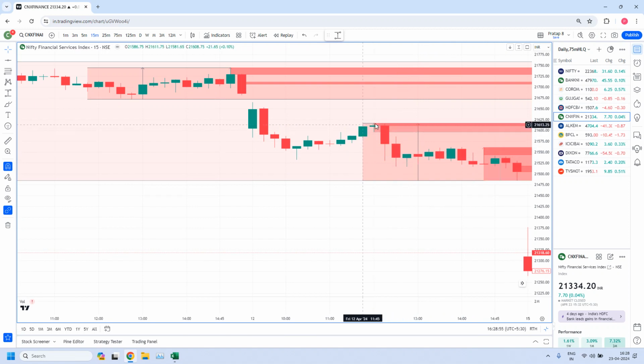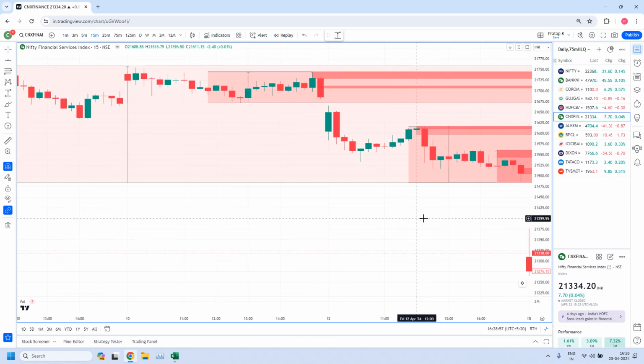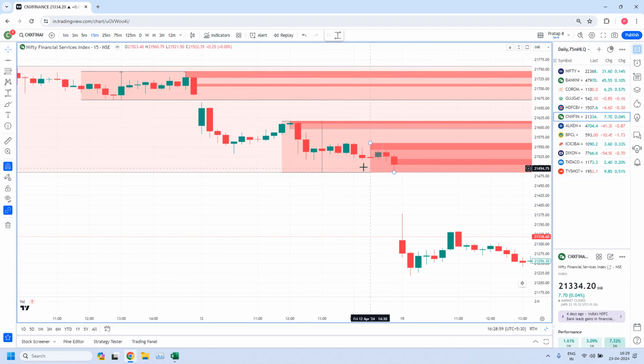You have a rally base drop. And again here you have drop base candles and a drop candle. 1, 2, 3, 4, 5 base candles and a drop.